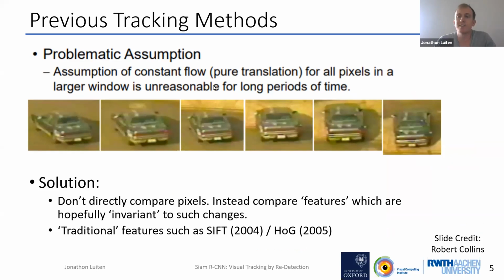One of the solutions, maybe not the only solution, is to not directly compare pixels, but instead compute features over these pixels, which are hopefully invariant to such changes. Then when searching, say, in a sliding window correlation approach over the image, comparing the features of the target image to the features of the template, you are still able to match to the correct object, even when the object appearance changes.